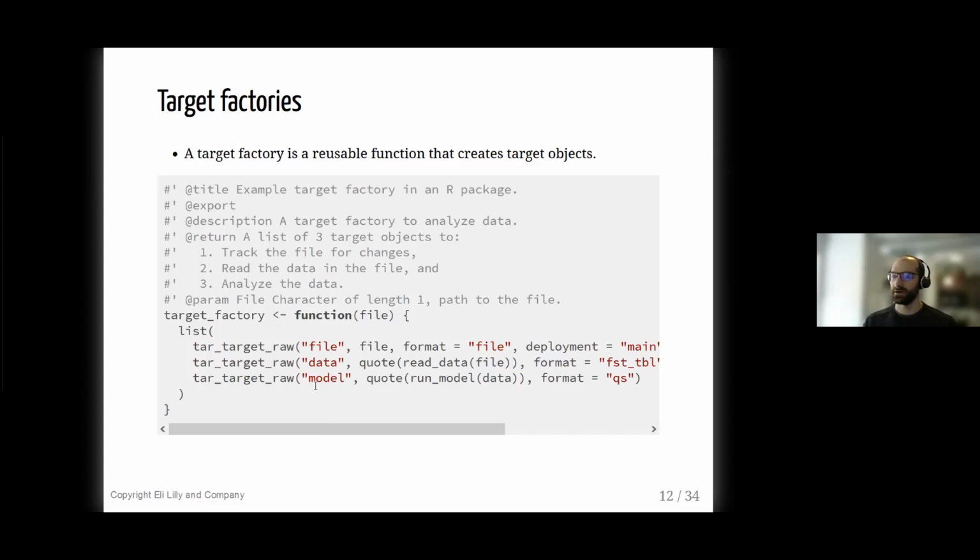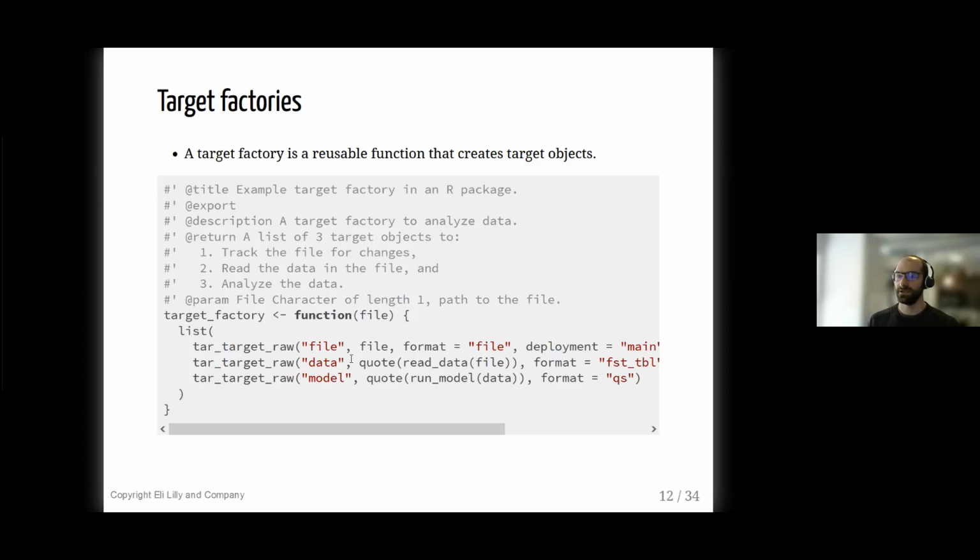Those require some thought from the user. If you were to custom code it, how do I make sure that changes to the file cause the model to rerun, and how do I code up targets individually for the data and the model. With a target factory like this, all you need to input is the name of the file, and you automatically get a section of the pipeline with 3 different targets.